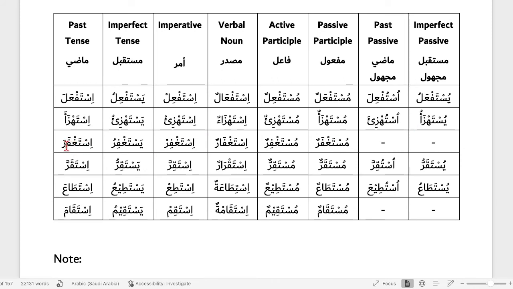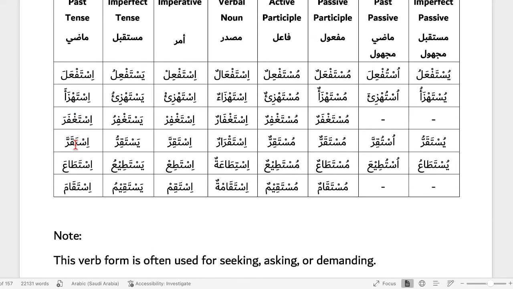Very common, istaghfara, and we know istaghfara means to ask for forgiveness. Istaghfara, yastaghfiru, istaghfir, istighfarun, mustaghfirun, mustaghfarun. Istakarra, yastakirru, istakirra, amar, istikrarun, mustakirrun, mustakarrun, ustukirra, yustakarru.